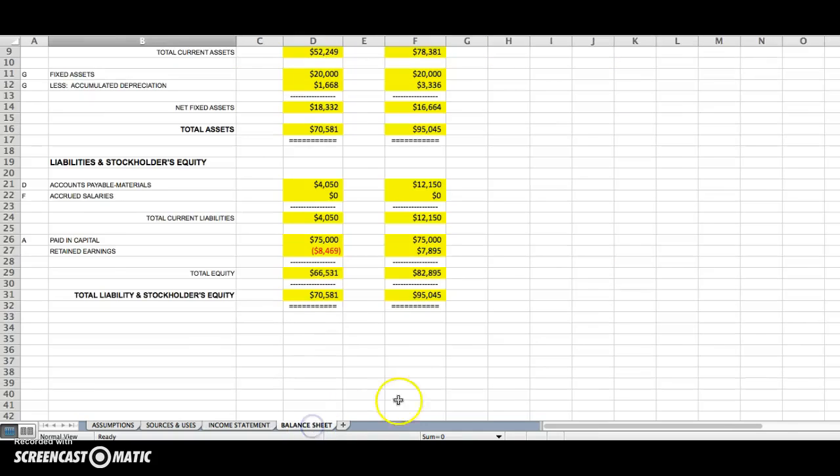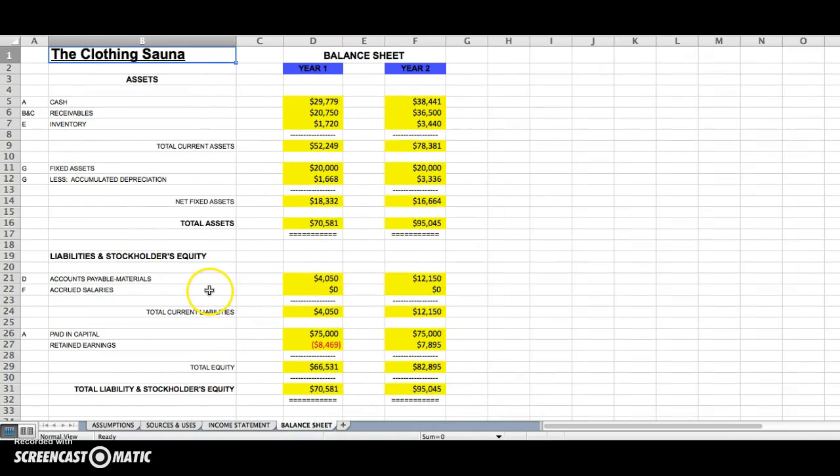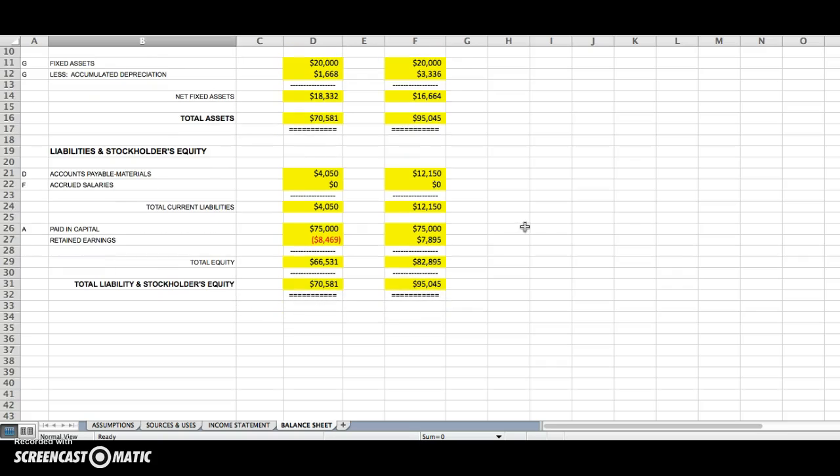Moving on to the balance sheet, you can make the comparison of year 1 to year 2. Total current assets, we see a nice increase. Then total assets, including inventory and accumulated depreciation from our assets, we see another nice increase from year 1 to year 2. And then here we have our liabilities and stockholders' equity.